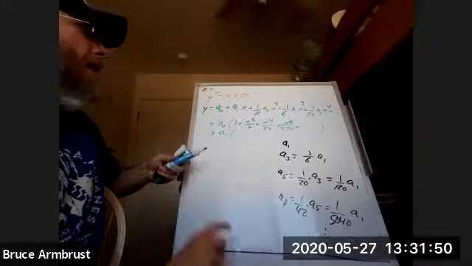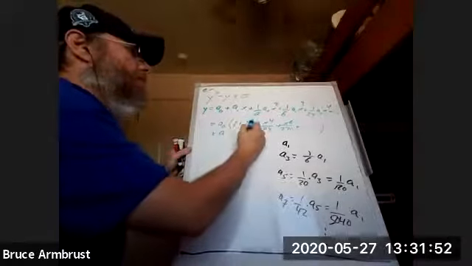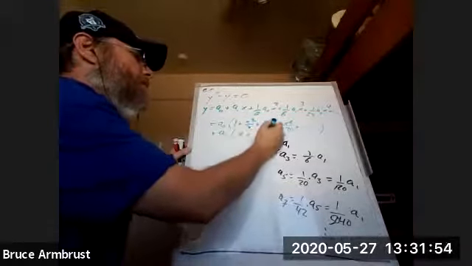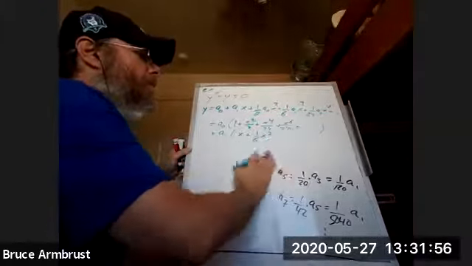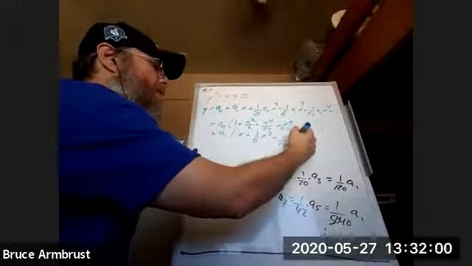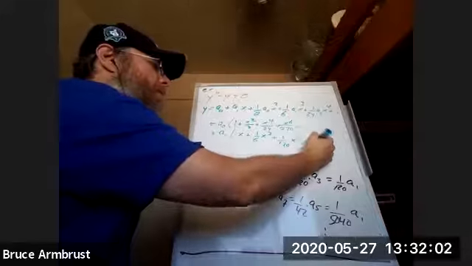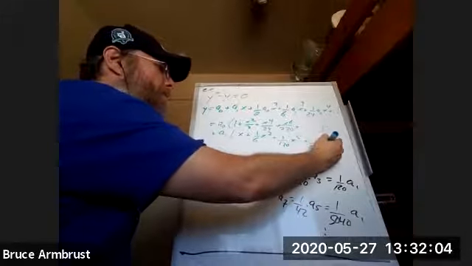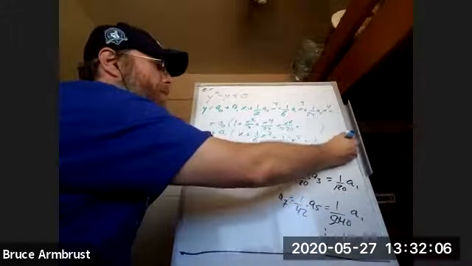That's going to be A1 times x plus 1/6 x cubed plus 1/120th x to the 5th plus 1/5040th x to the 7th plus and so on.